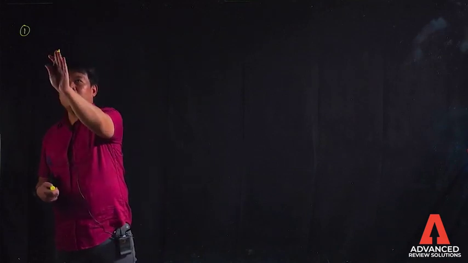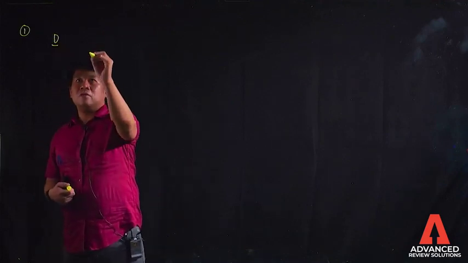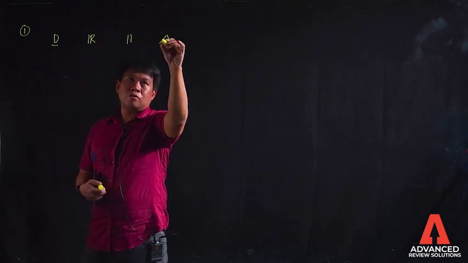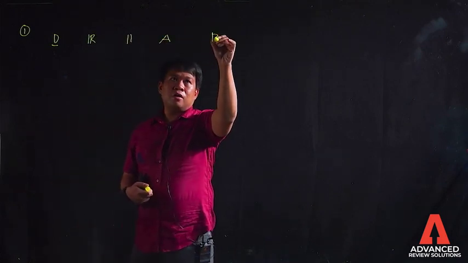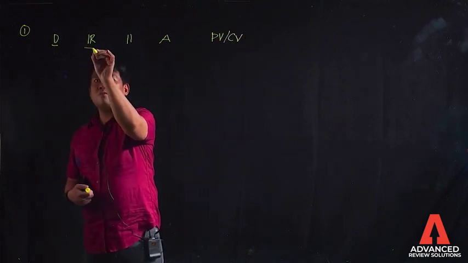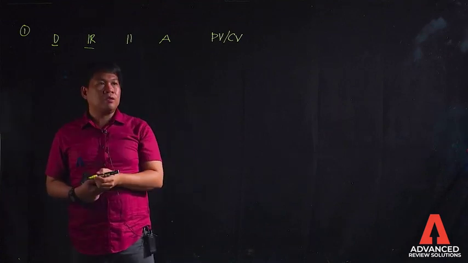And we will now be plotting the effective interest method of amortization and discuss everything using this problem. So we have our date, we have our interest receivable, interest income, amortization, and the present value, carrying value. Okay? So this interest receivable will come from the stated rate, and the stated rate here is 8%.